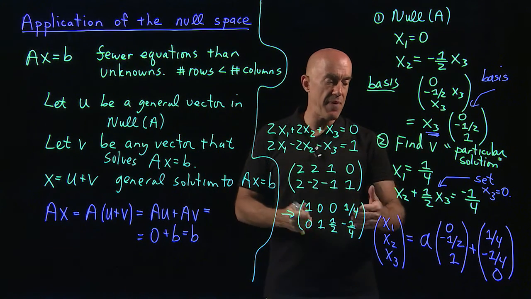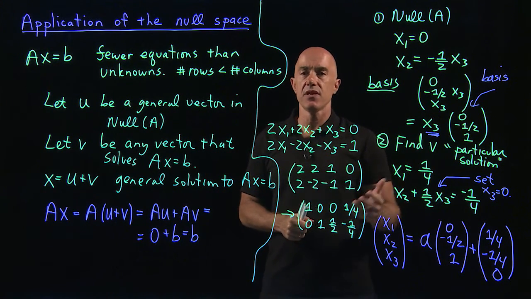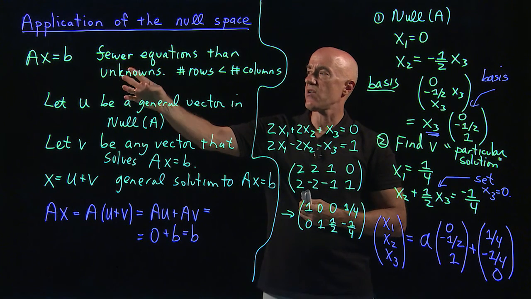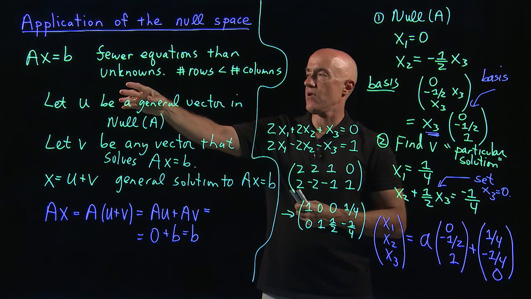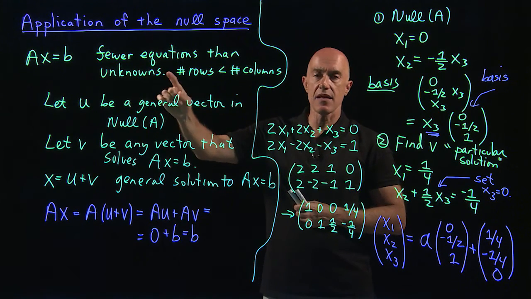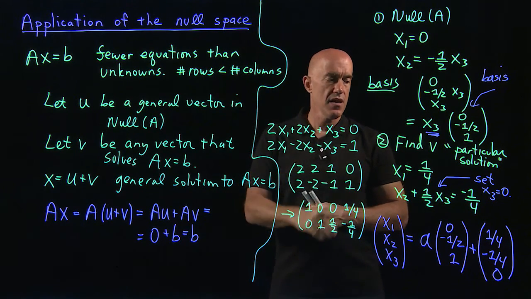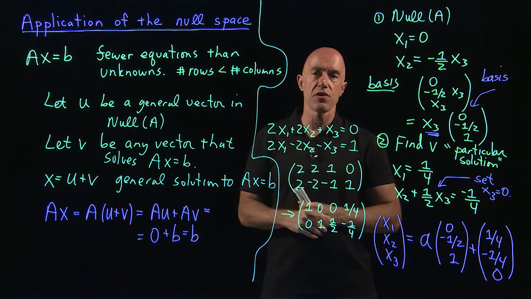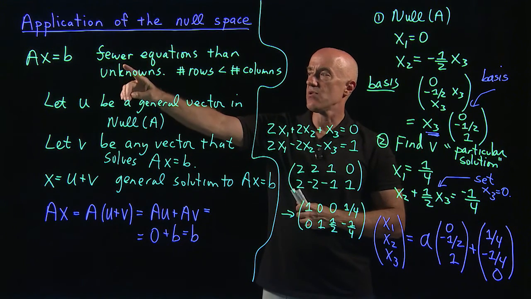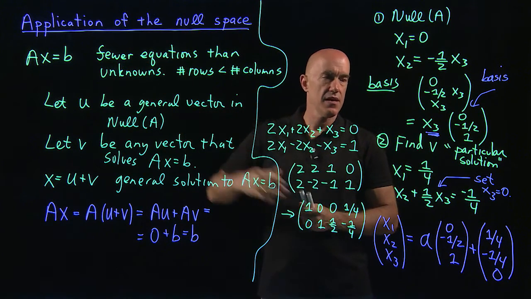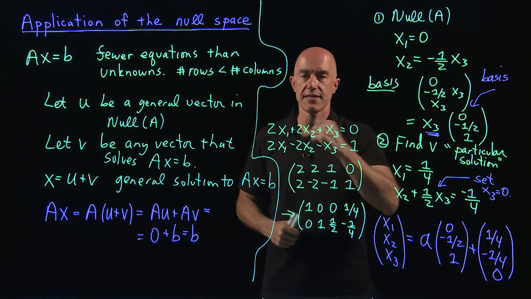And then a span of those basis vectors will always give you 0 when you substitute in for x. And then on top of that, you have to add one solution, which I call the particular solution, that will give you the right-hand side b. And that's what I did for this example.